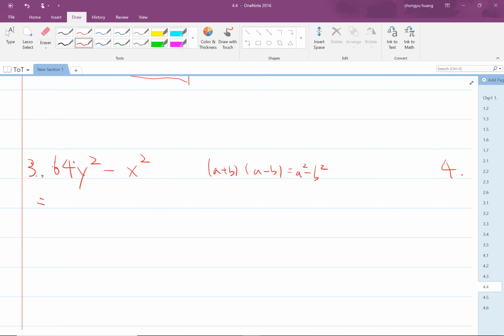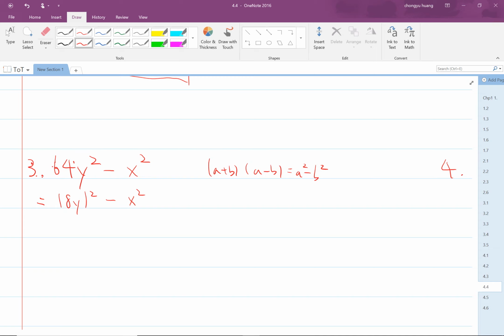So 64y squared is actually equal to 8y squared minus x squared. You notice that 64 is equal to 8 squared, which is a perfect square, and y squared is too, so 64y squared is a perfect square, because y squared has an even exponent, a multiple of 2.